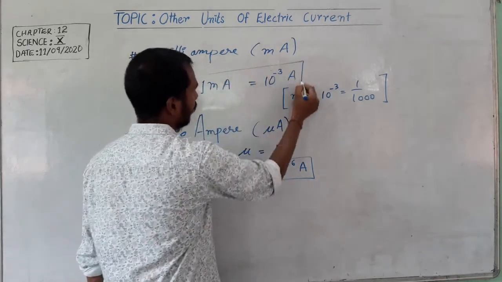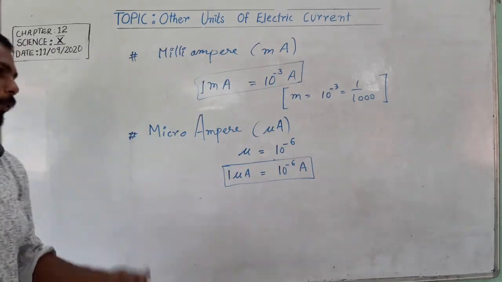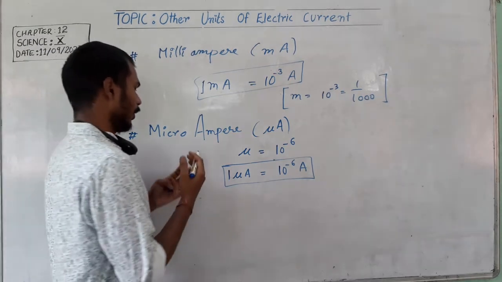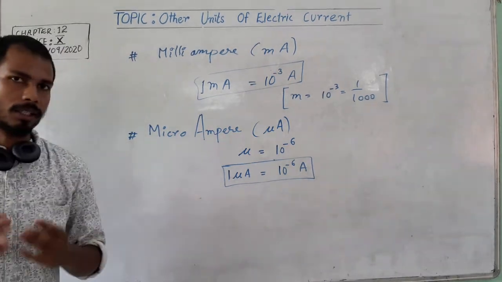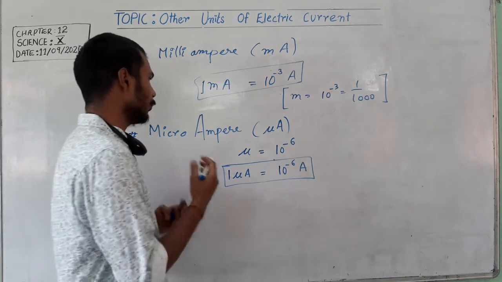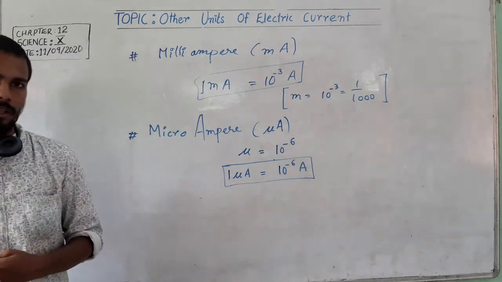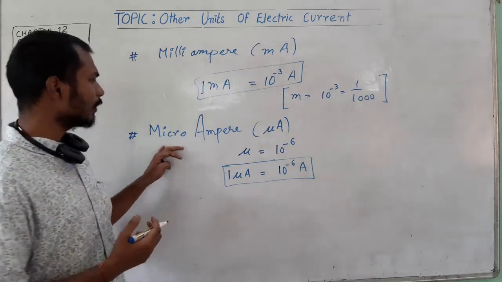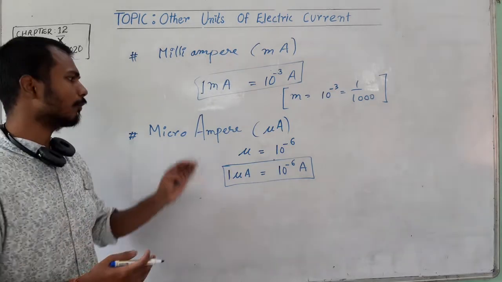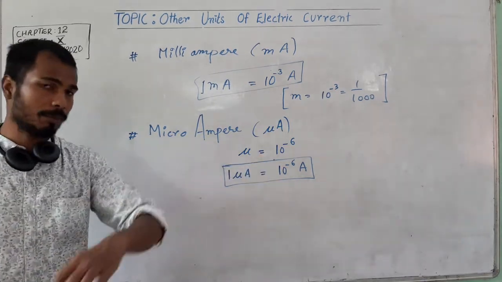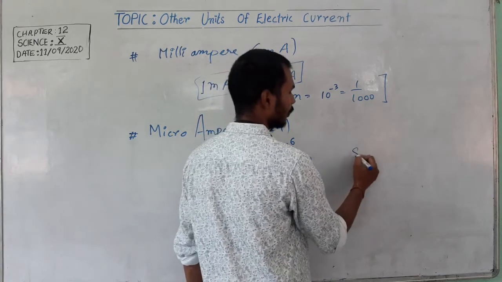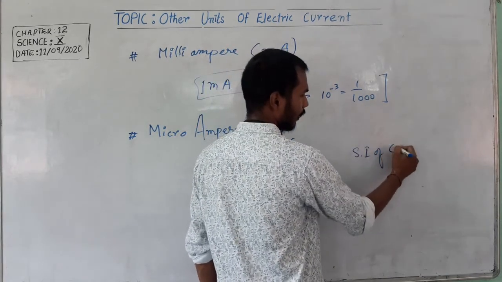This is another relation. In some questions, current is given, time is given, and then you have to calculate the charge. If the current is given in microampere, then you have to convert microampere into ampere. Why? Because ampere is the SI unit of current.